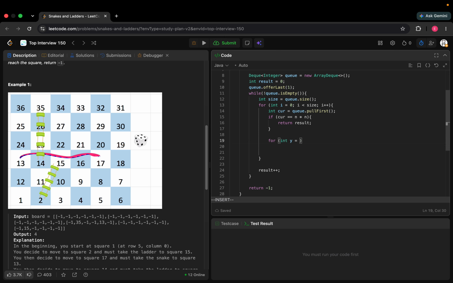For the y, it means the nest. It should occur +1. And the y is also the occur +6 and y++.